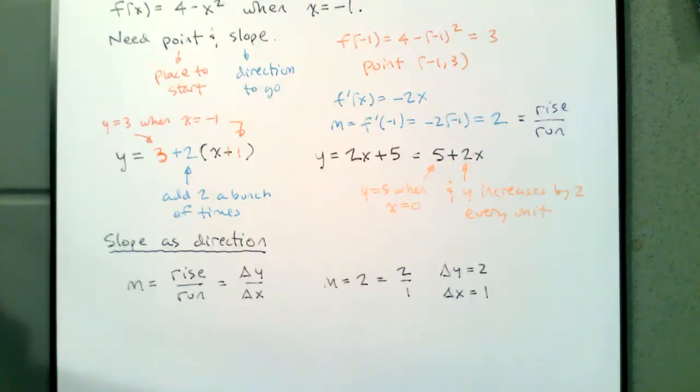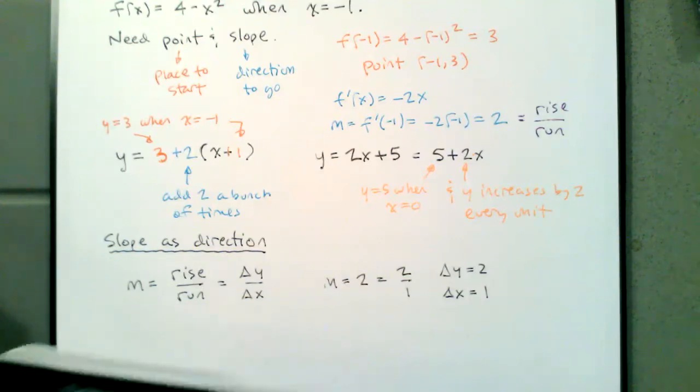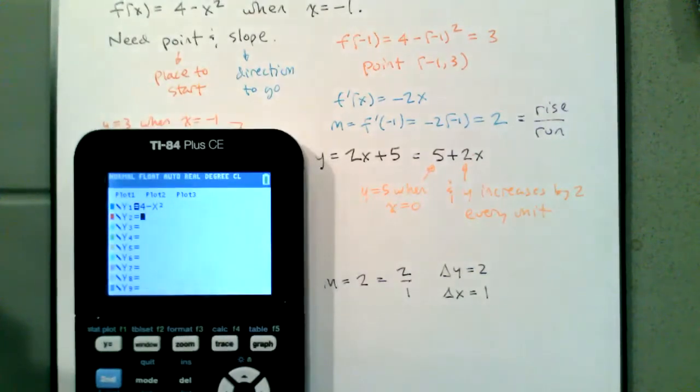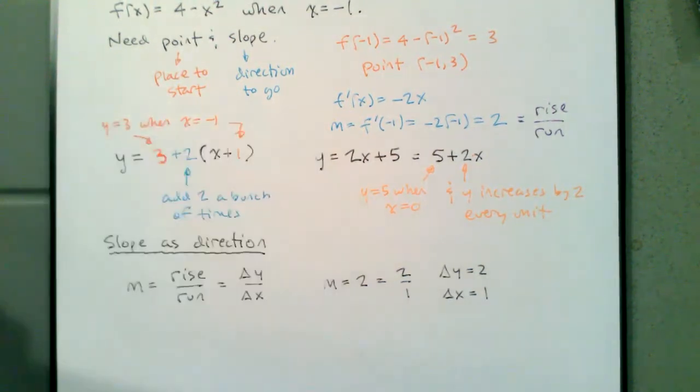So we can draw a picture of our, let's see, we have 3 plus 2 times x minus a negative 1. And so there we have our tangent line. I'm going to need to draw a picture of it anyway.